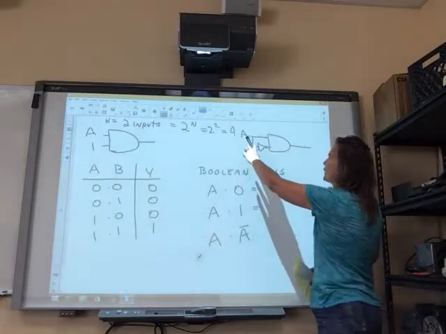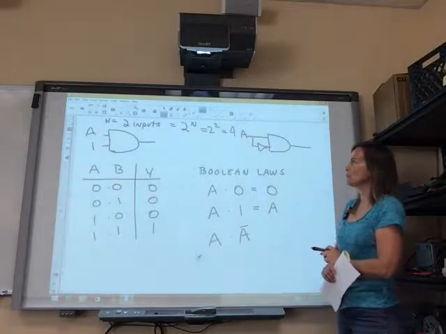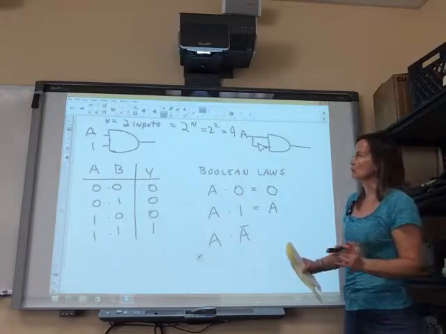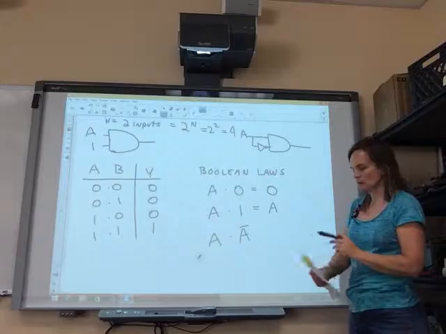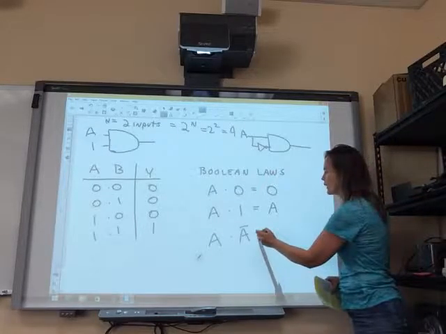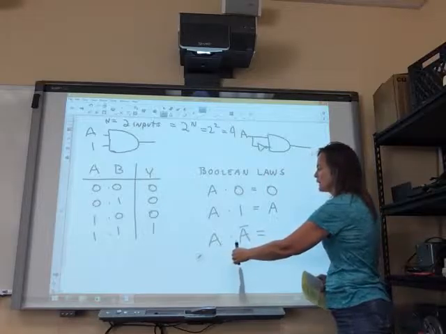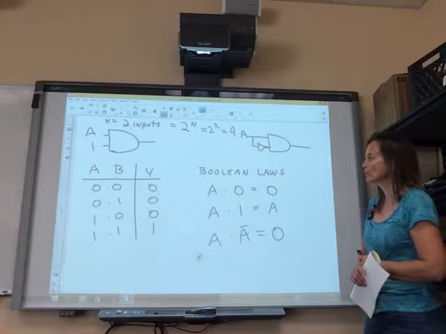So if A is high, B is going to be low because it's the inverse of A. If A is low, B is going to be high. So in no case ever in this scenario will we get a high output. So as a Boolean law, we're going to say that A and not A is always going to have a low output.